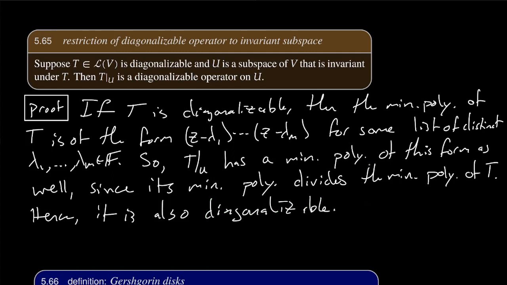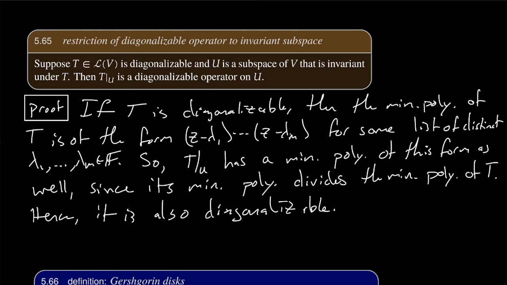Boom! Basically, all we did was use the last result. We say, hey, if T is diagonalizable, then it's got a minimal polynomial of the form we just proved. That is z minus lambda 1, product all the way down through z minus lambda m for some distinct lambda 1 through lambda m. Now, since this zeroes out T, it certainly zeroes out T restricted to some invariant subspace.